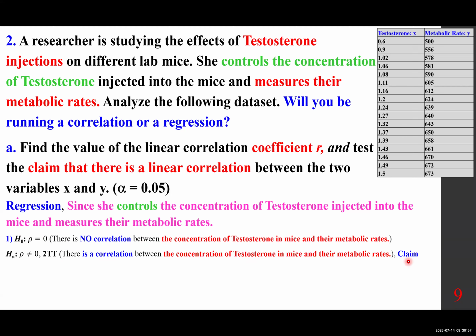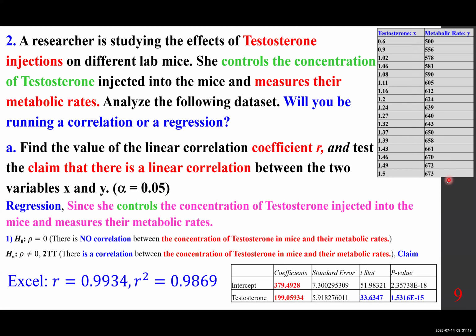So what happens is that we run this. Okay, this is in L1, this is in L2 if we are using TI, if you are using anything else. And we want to come up with the data and then do the analysis. Definitely, you don't have to do this by hand. So we run it through Excel.